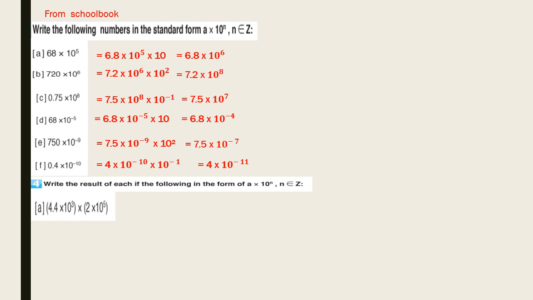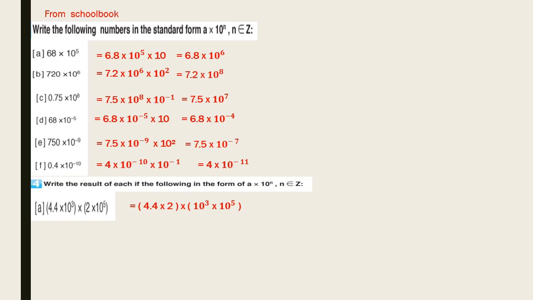We can put 4.4 times 2 between brackets, and 10 to the power 3 times 10 to the power 5.